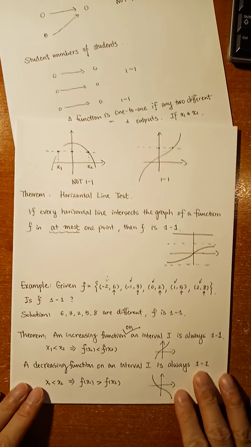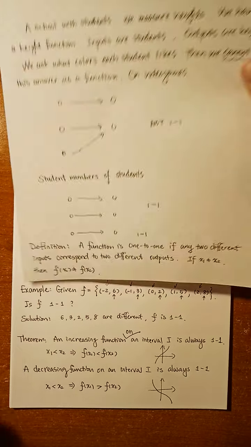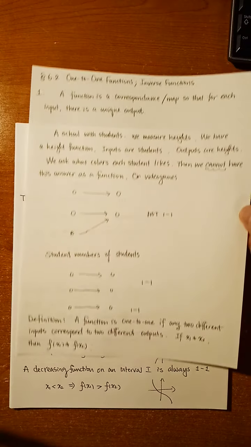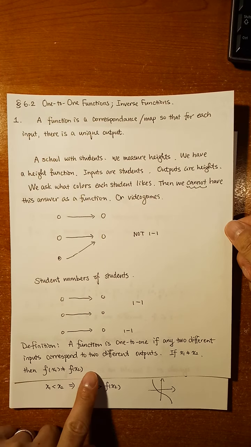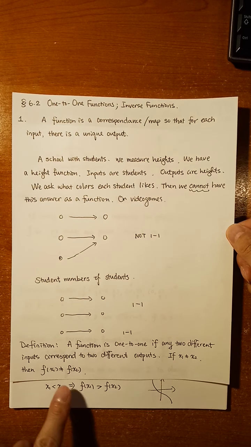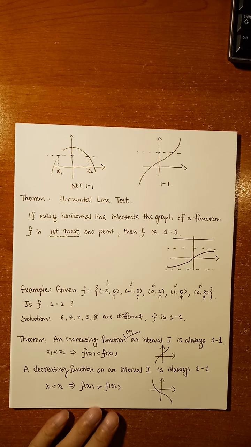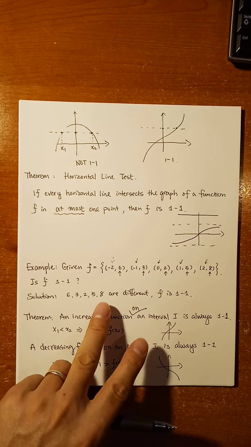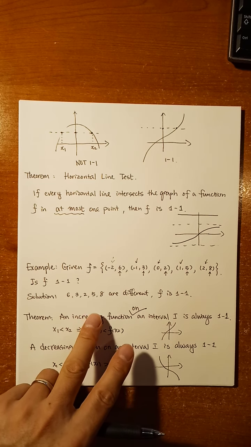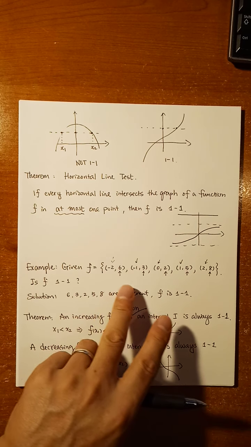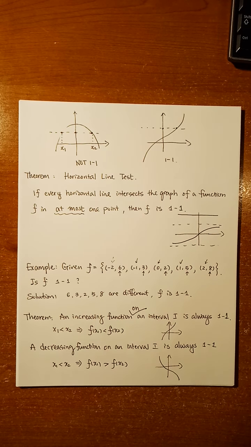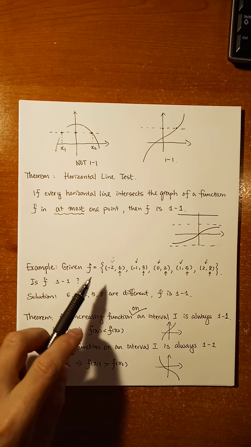All right, so we gave the definition of a one-to-one function: different input, different output. And then we have the horizontal line test. And then we have this example about the determination of a one-to-one function for a given function.